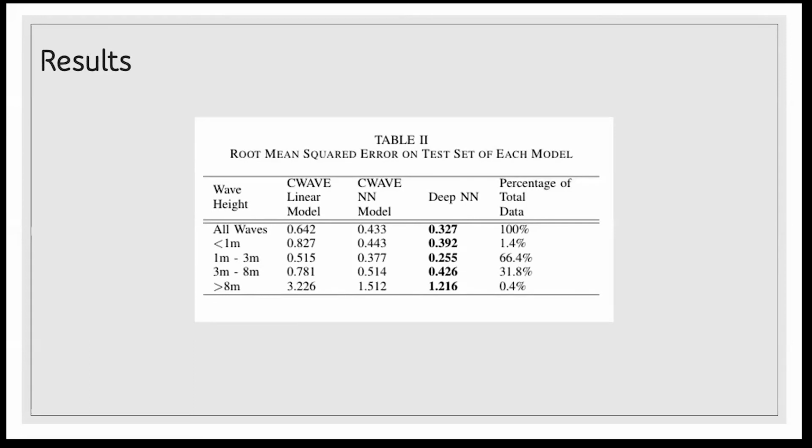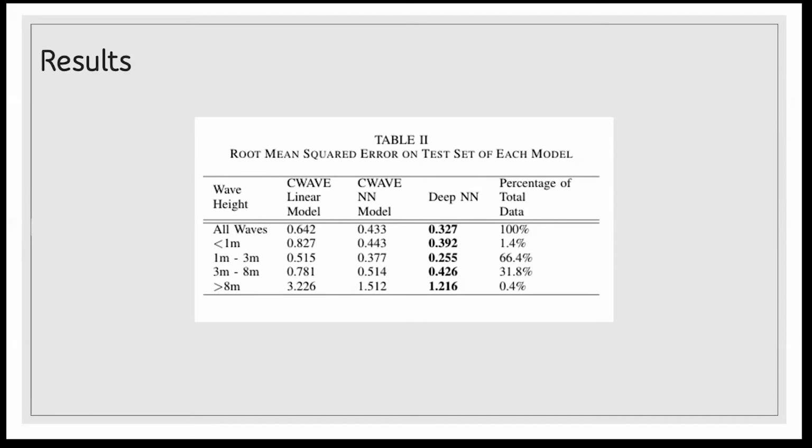So here we can see that the deep neural network based on image modulation spectra is able to improve performance immensely when compared to the other 2 models. We did train a linear model and a neural network model based on the C-wave parameters identically to the work previously done, so identical to the current state of the art, but on our new larger data set.